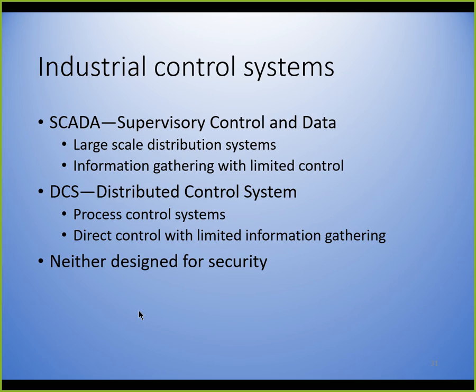None of these things are designed for security. And when we put them on the larger network, convert them to the IP network, then the security has to be added. The security is not there unless it's added.